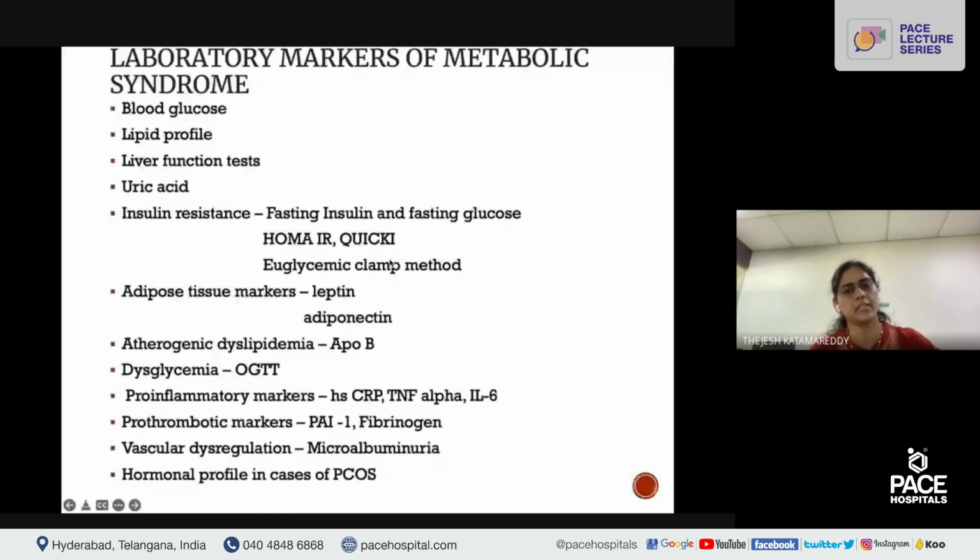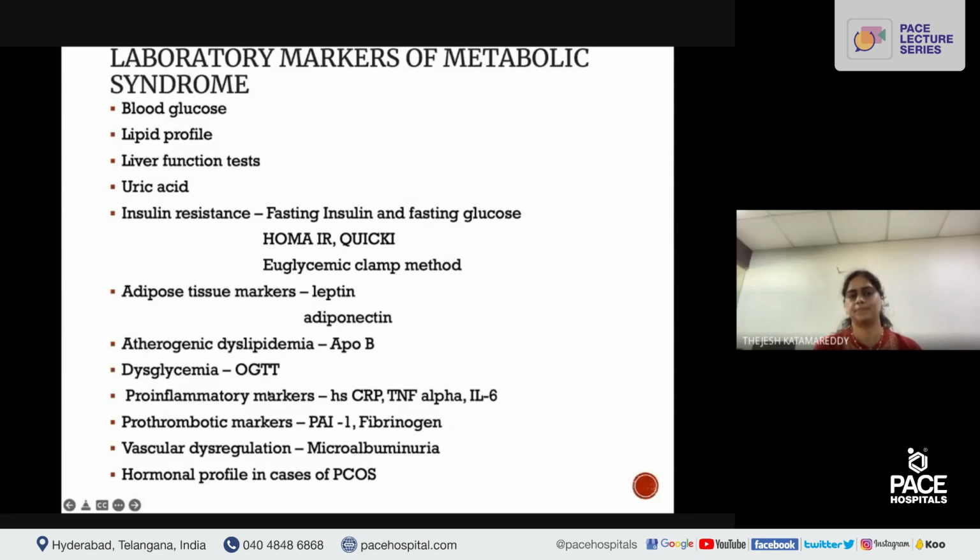Adipose tissue markers like leptin and adiponectin can also be analyzed. Increased leptin and decreased adiponectin values are seen in metabolic syndrome. To know the atherogenic dyslipidemia, we can do apolipoprotein B. If there is doubt in the diagnosis of type 2 diabetes mellitus, we can go ahead with the OGTT.